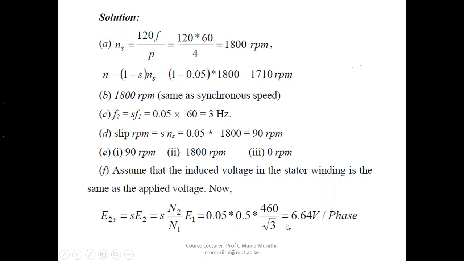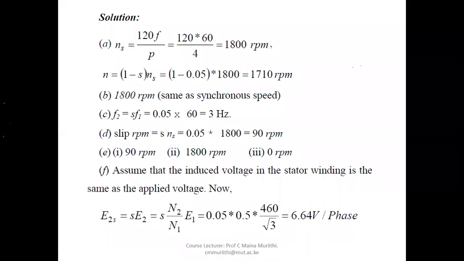However, since the rotor is rotating, we now multiply the entire turns ratio by S. This is the new aspect indicating that the voltage will now be much reduced because the machine is rotating, and you get 6.64 volts. So that's how to solve that simple question.